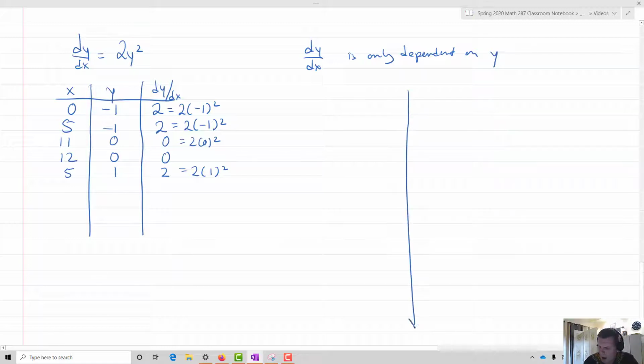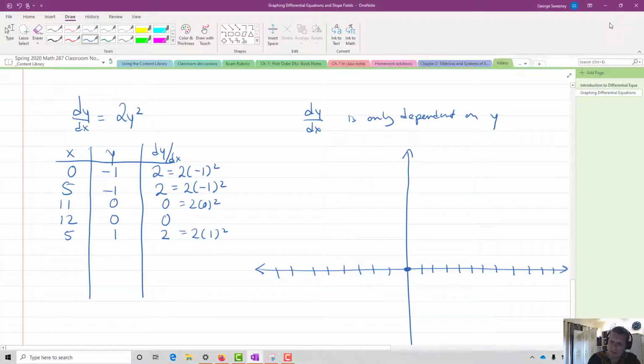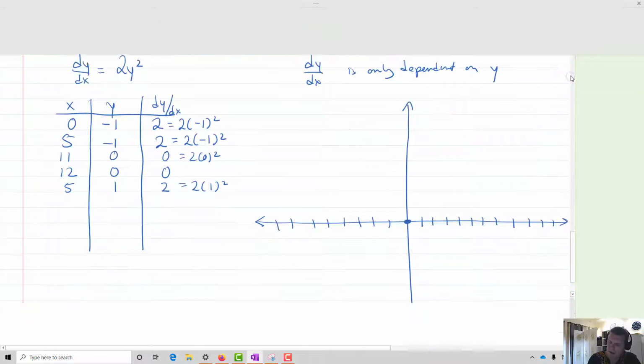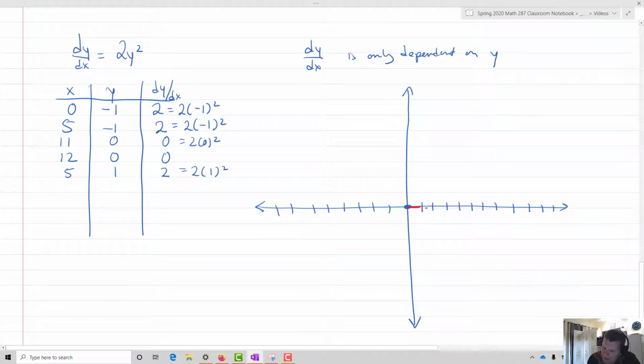So if we look now at our slope field, let's draw it out. We'll do one by hand. When y equals 0, now y equals 0 is everything on that x-axis. So if I draw out these slopes, let me use a different color to make sure that it's very clear. I'm going to see that along y equals 0, I get a 0 slope.